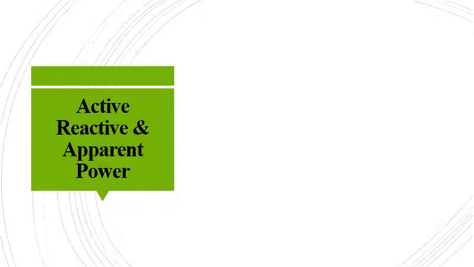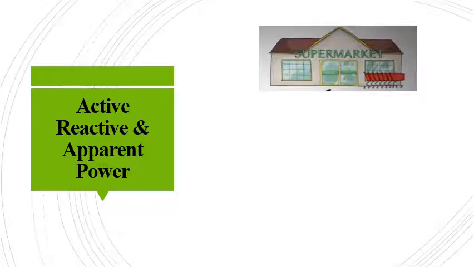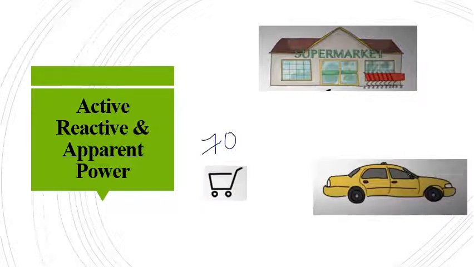The concept of active, reactive and apparent power can be understood more easily by comparing it with a practical situation. Suppose that you are sent to buy grocery with a total of ₹100, and I bought grocery for a total of ₹70, and the remaining 30 rupees I am using for transportation.